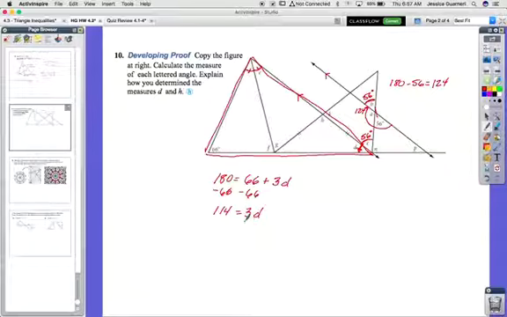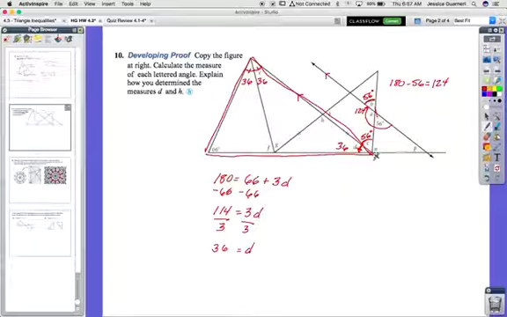Then I'm going to divide by 3, so D equals 36. Okay, so D equals 36, so I've got a 36 here, I've got a 36 here, and I've got a 36 here.